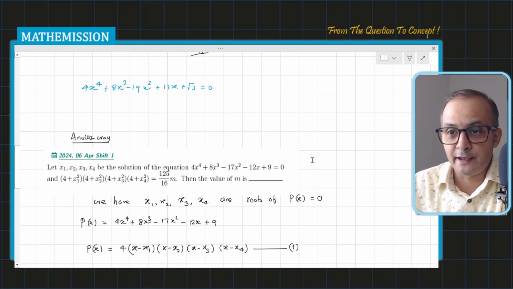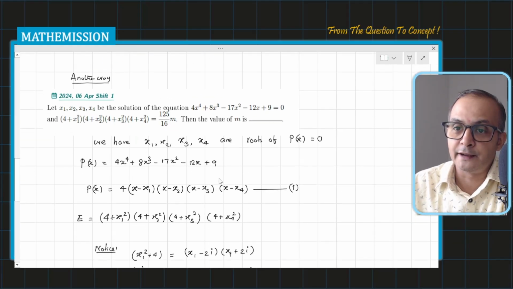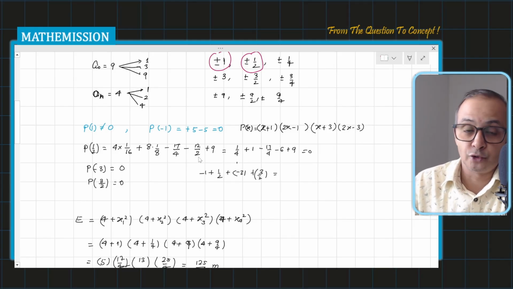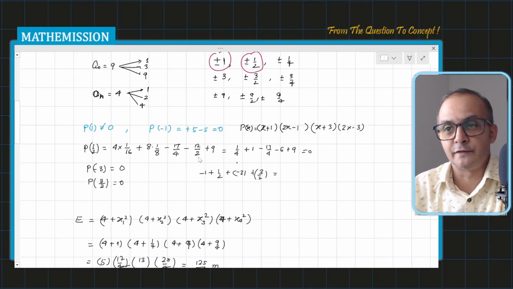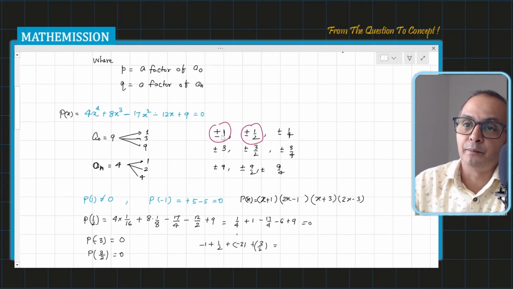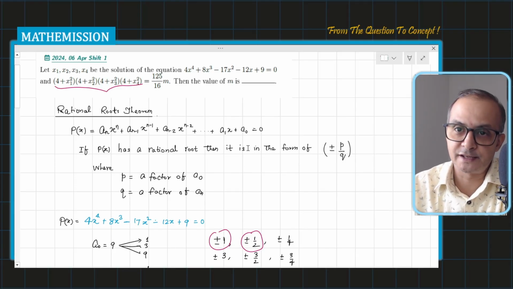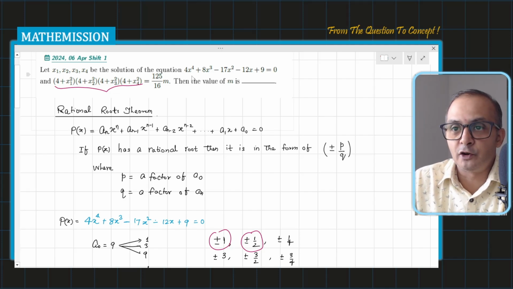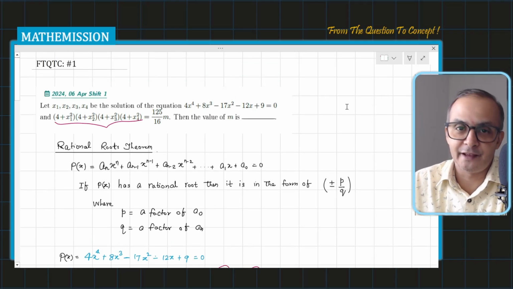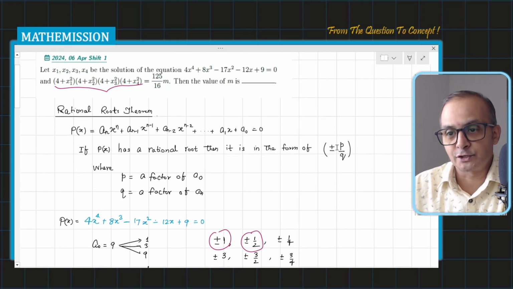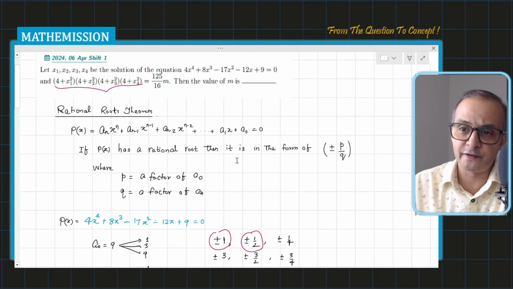In JEE Main 2024 they asked this, and if we were lucky enough to get all the roots, maybe their intention was to make every student find all the roots. But the way they are raising the level of the questions every year, maybe in the near future they will also make our life difficult by not giving the exact real roots, but simply expecting us to apply complex numbers, because this is not so difficult to apply.